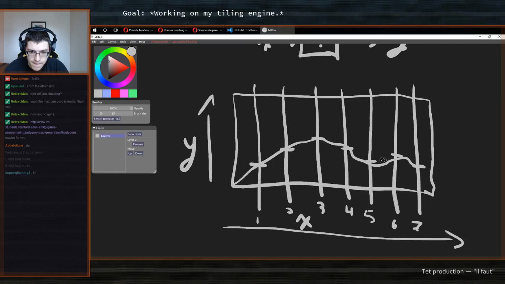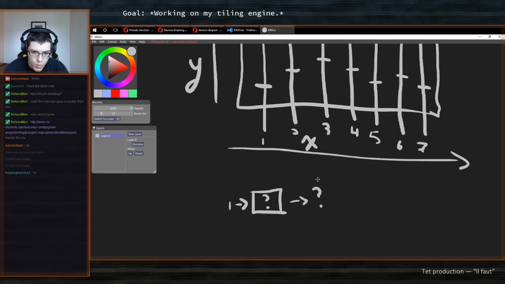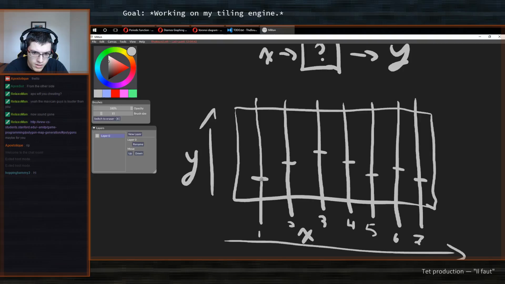Now here's the thing. I want some sort of a possibility that there is more than one value. So maybe at 1 there's 1, and at 2 there are now two values for y, then at 3 it drops back to 1, at 4 it goes up to 2, and at 5 there are now 3 output variables.